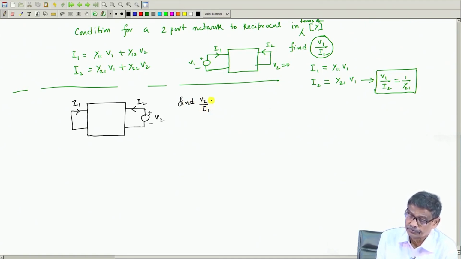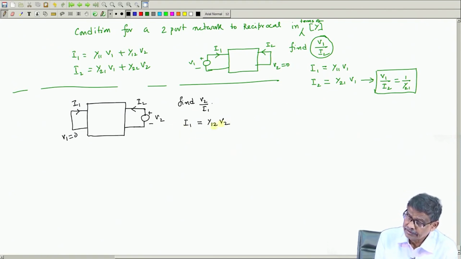To find that, we come back to the fundamental equations and write them under the condition V 1 is equal to 0. The first equation gives I 1 is equal to y 1 2 into V 2, because V 1 is 0.